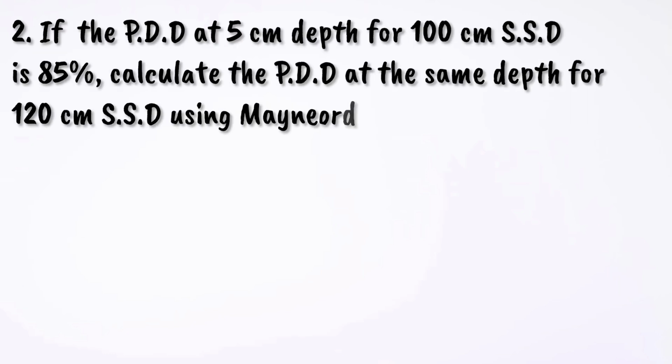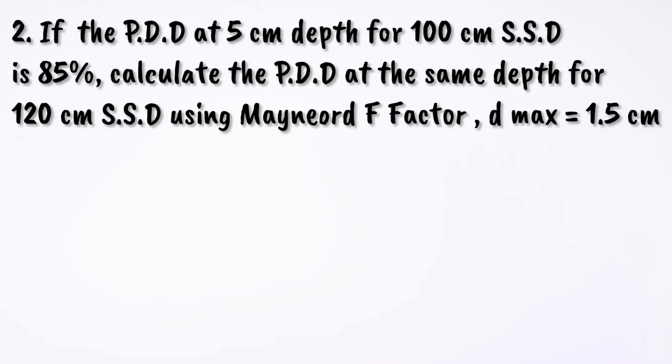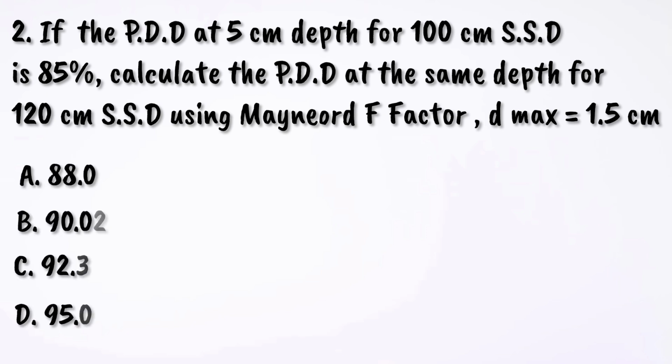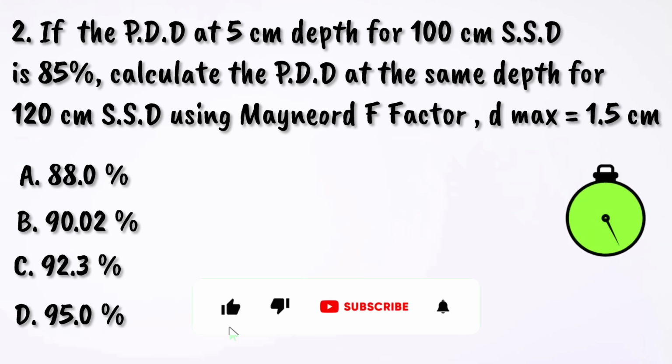If the PDD at 5 centimeters depth for 100 centimeters SSD is 85%, calculate the PDD at the same depth for 120 centimeters SSD using Maynard F factor. You can pause the video and calculate.